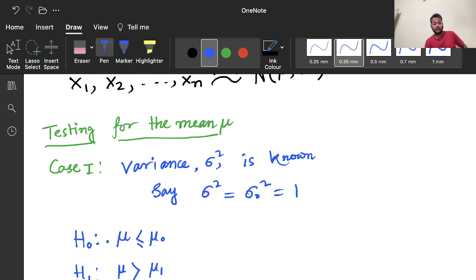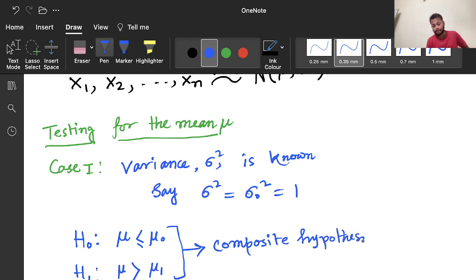The null hypothesis has the condition mu less than mu 0, so this is a composite hypothesis.